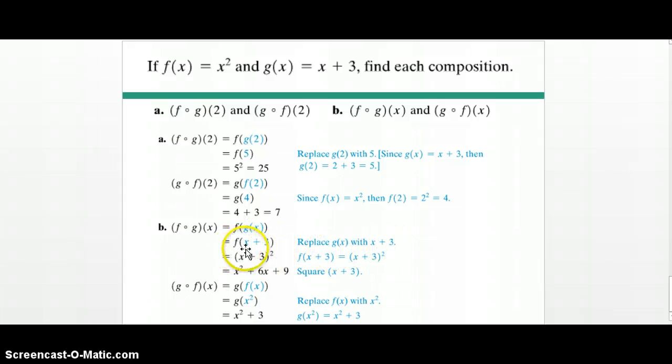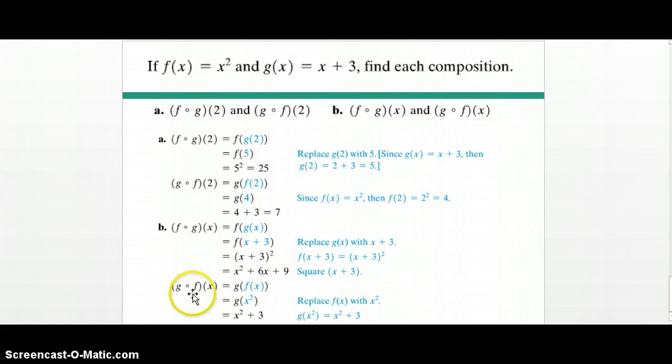Now f of x plus 3 equal to x plus 3 square, by using product of binomial. So x plus 3 times x plus 3, we will get x square plus 6x plus 9.